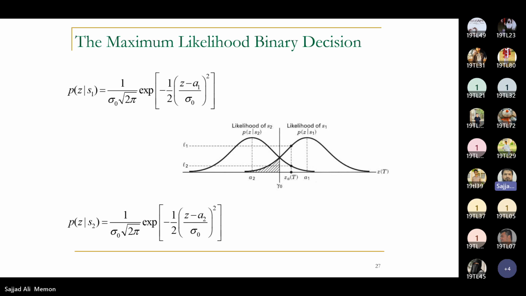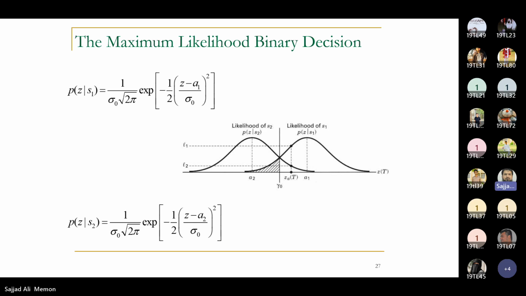So we can write this P of Z given S1 and P of Z given S2 in terms of the Gaussian distribution function, as you can see on your screen. This is called the maximum likelihood binary decision, where you can see the likelihood of S2 is the same as the likelihood of S1, lying on different levels against the P of Z given S2 and P of Z given S1.